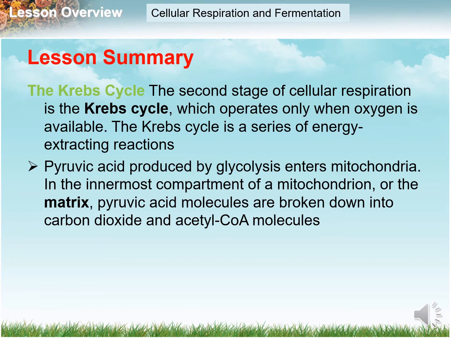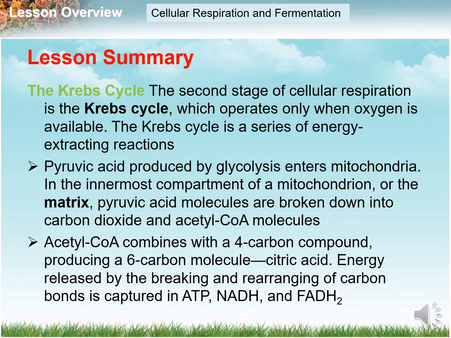In the innermost compartment of the mitochondrion, or the matrix, pyruvic acid molecules are broken down into carbon dioxide and acetyl-CoA molecules. Acetyl-CoA combines with a 4-carbon compound, producing a 6-carbon molecule, citric acid. Energy released by the breaking and rearranging of carbon bonds is captured in ATP, NADH, and FADH2.